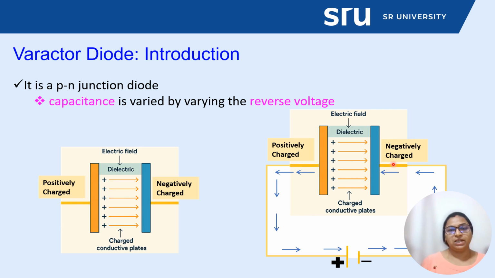The free electrons of this negative side of the plate or electrode will try to move into the dielectric. However, the dielectric blocks these electrons. So what will happen?